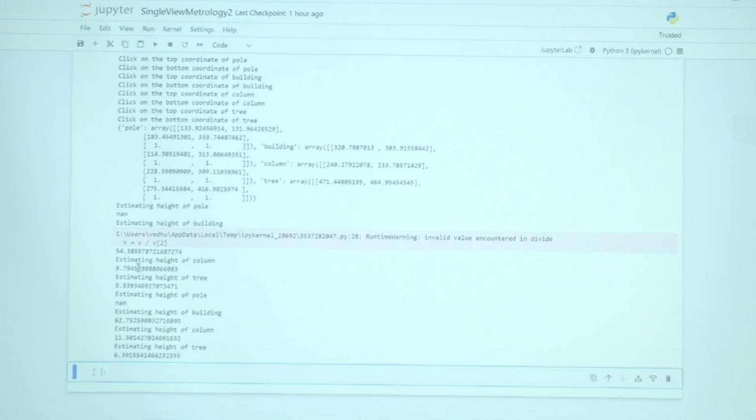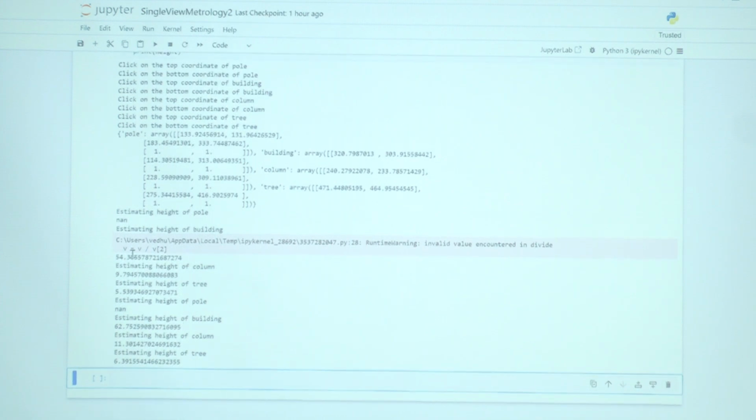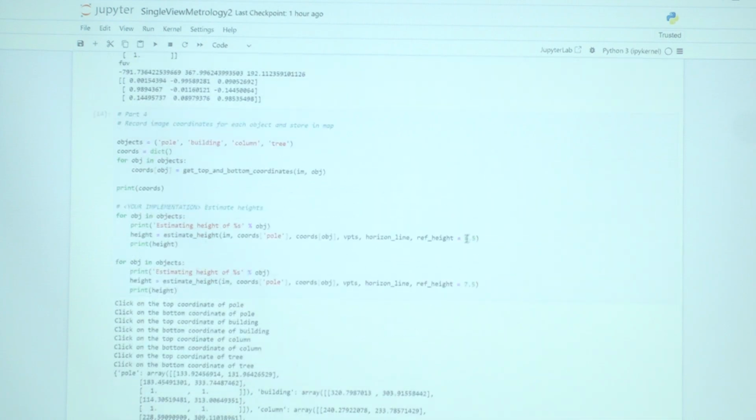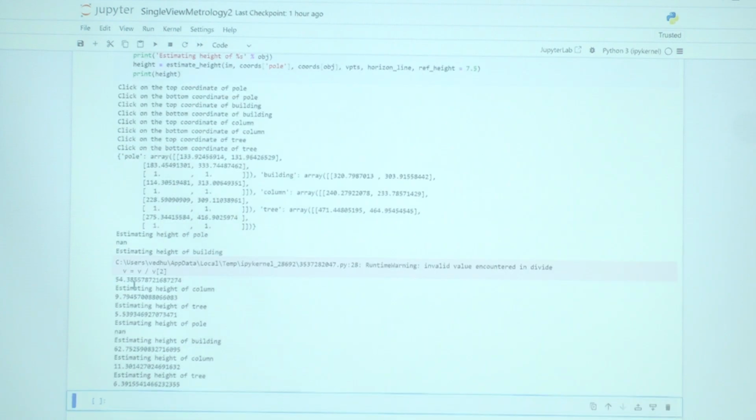So it's saying if the height of the pole is 6.5 meters, then the height of the building is 54 meters, height of the column is 9 meters, height of the tree is 5 meters. Okay.